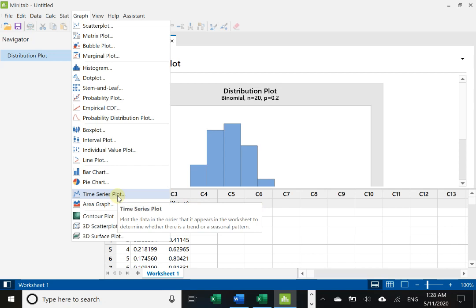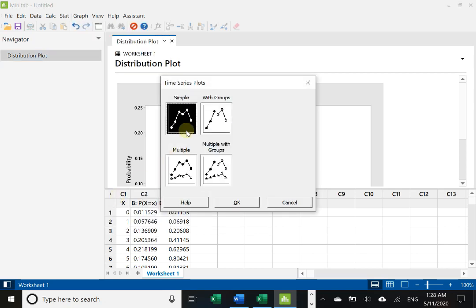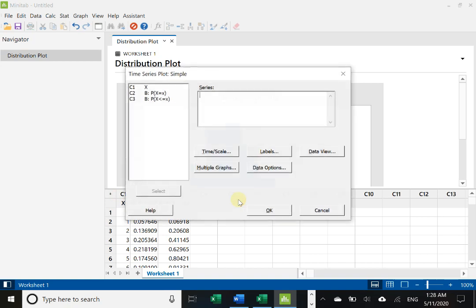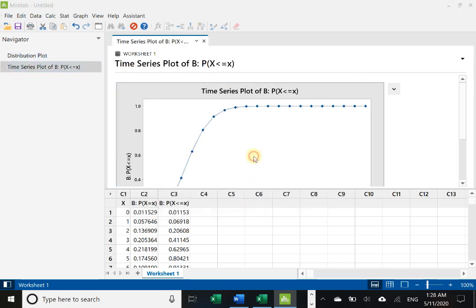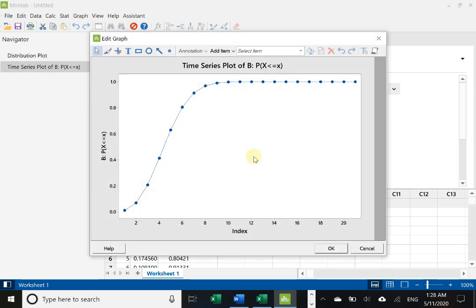This is not in your book, I just want to show you what the cumulative distribution function looks like. So if I do a time plot, simple, of the cumulative distribution function, check this out. This is what it looks like. Isn't that cool?